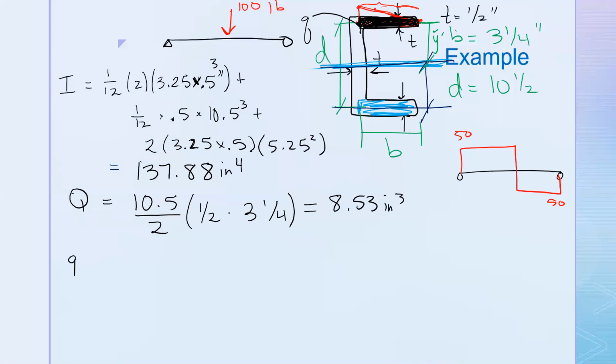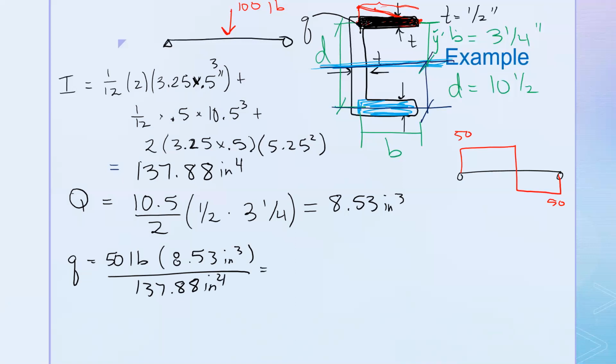Okay, so little q then equals 50 pounds times 8.53 inches cubed over 137.88 inches to the fourth. And what do we get? Okay, pounds per inch.